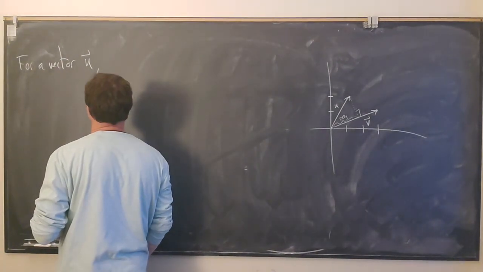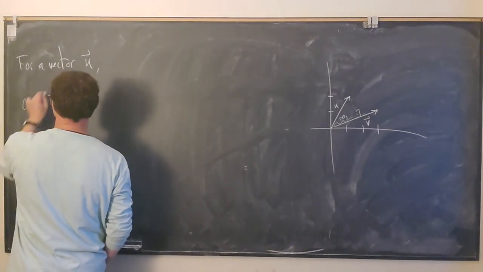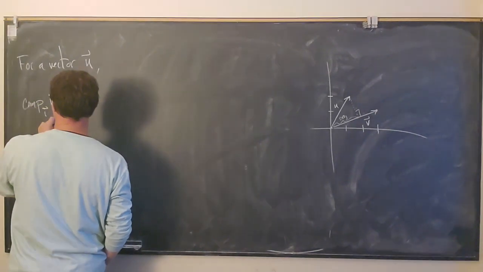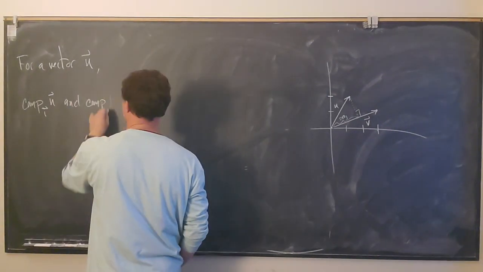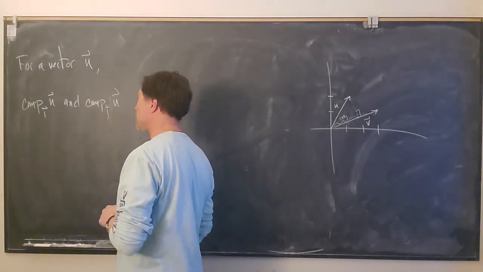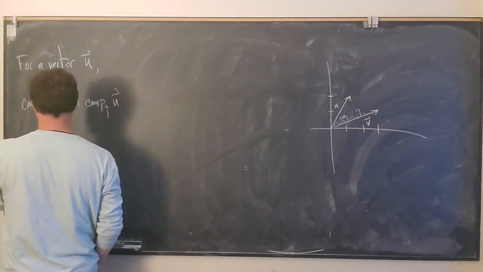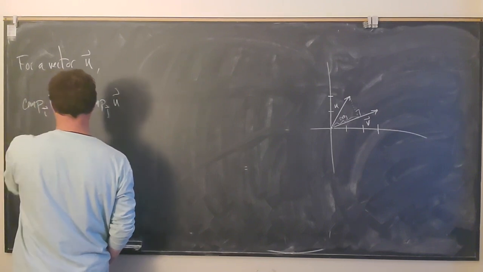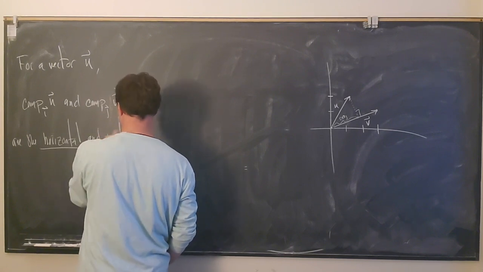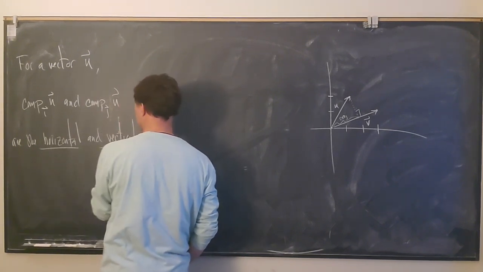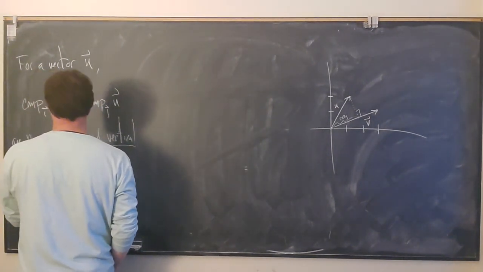So for a vector u, comp of u onto i and comp of u onto j, these are called the horizontal and vertical components of the vector u.